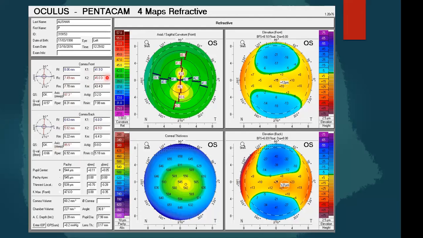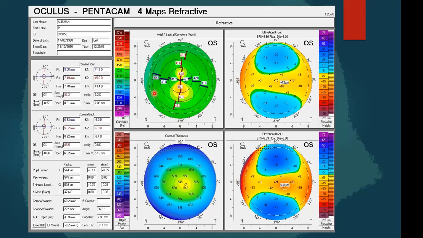Therefore, the astigmatism of the front surface of the cornea is 3.2 diopters. Now coming to the steep axis. So this 45 degrees, the steep axis is always shown over here, and this is 87.3 degrees. So this is what you should always remember, that 45 degrees is the steep axis, and that is at 87.3.